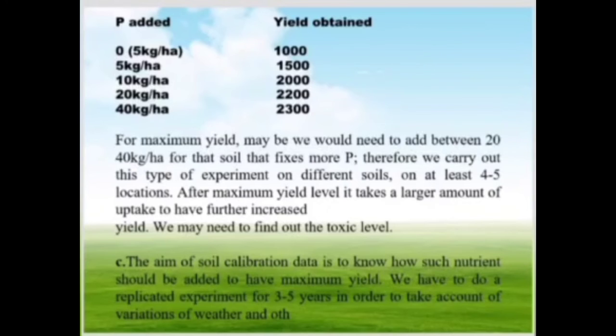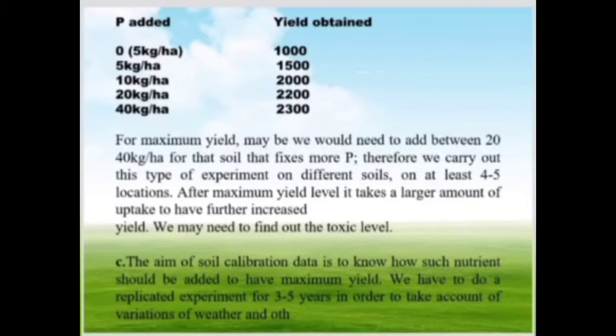After the maximum yield level, it takes a larger amount of uptake to have a further increase in yield. We may need to find out the toxic level. The aim of soil calibration data is to know how much of such nutrients should be added to have maximum yield.